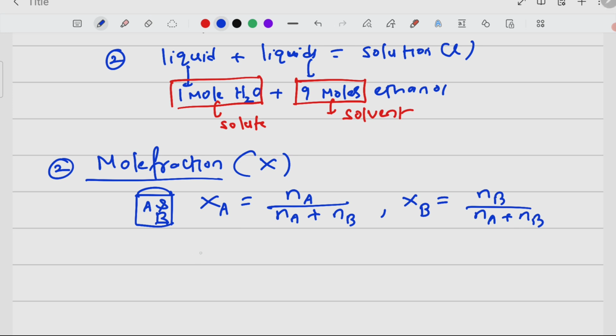Remember, if the solution contains two components, the sum of these two mole fractions is always equal to 1. If three components, the sum of those three mole fractions equals 1. Important statement: sum of mole fractions equals 1.